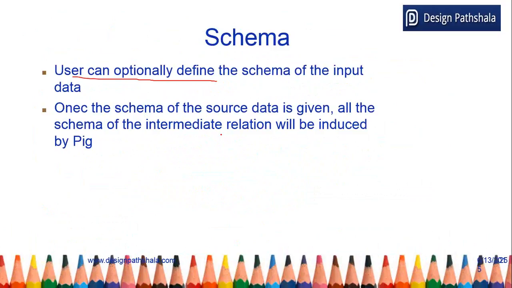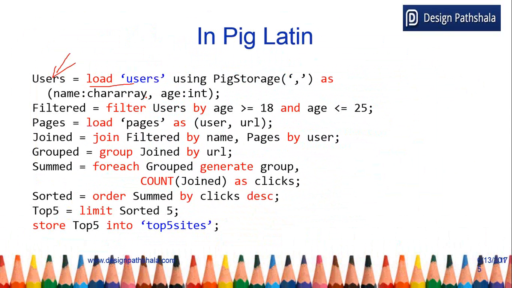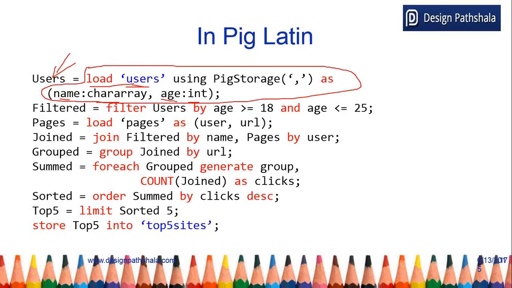So what do I mean by inferred from that? Here you can see I have given that my users file will have two columns. The first one is name and the second one is age, and the name is of type chararray and the age is of type int. So the schema of this file is defined in this statement. The rest of the statements will infer the schema of these variables based on the operation which I am doing on the users variable.